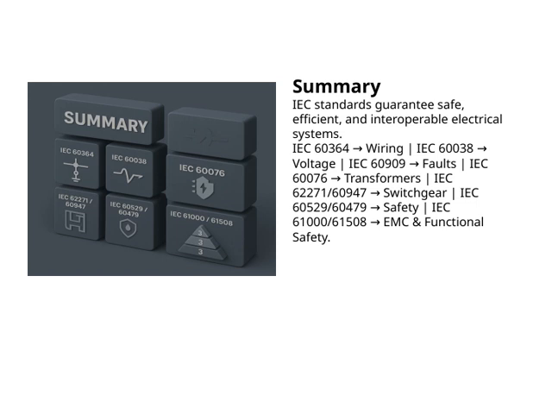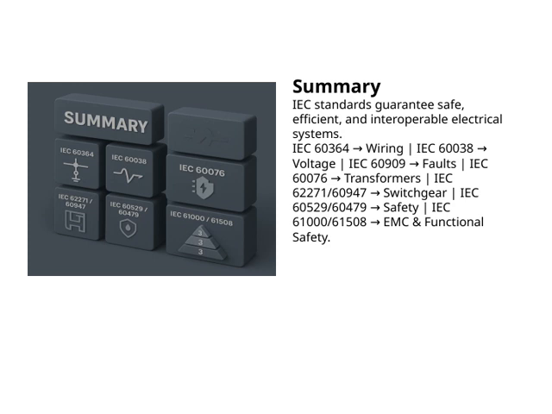Switchgear standards like IEC 62271 and IEC 60947 help us manage switching devices safely and effectively. Safety in enclosures and protection is addressed by IEC 60529 and 60479, highlighting the importance of safeguarding both people and equipment.